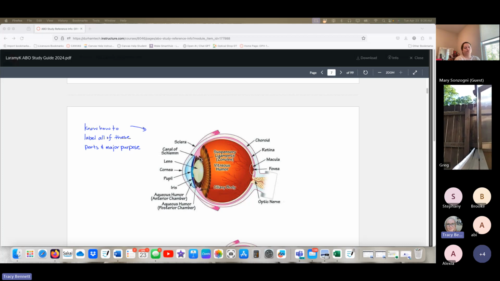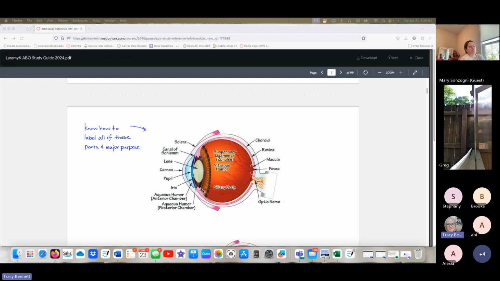And then knowing the little parts, the zonules, those little strings that are holding the actual crystalline lens in there. You should be familiar with the canal of Schlemm, which is right on the limbal margin here.